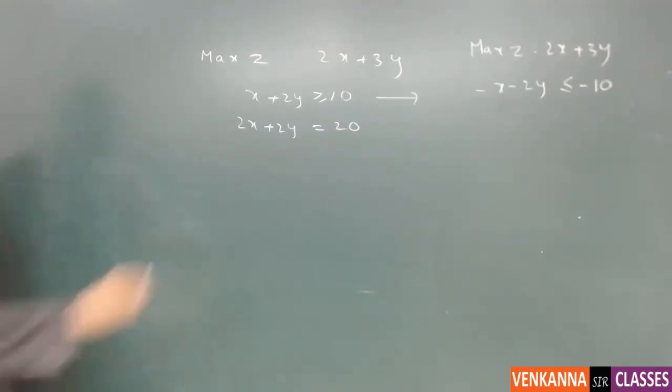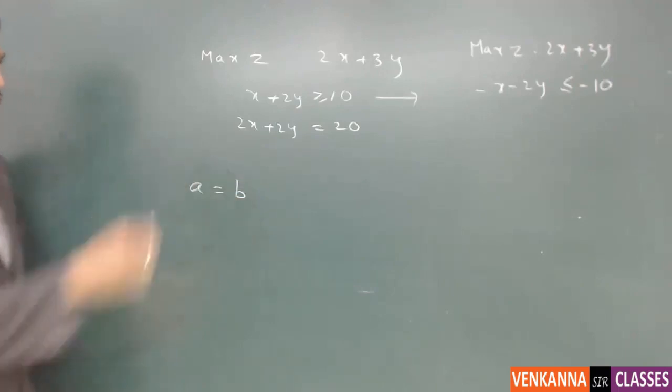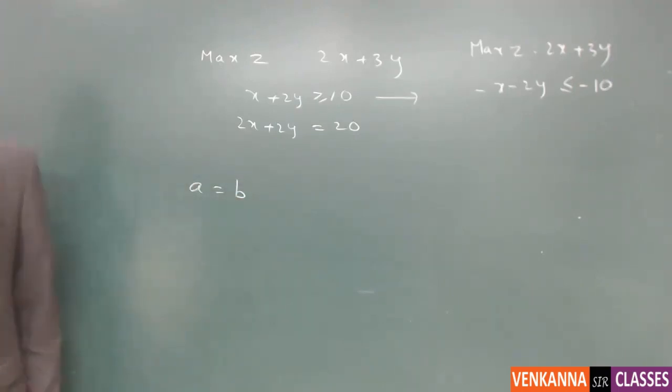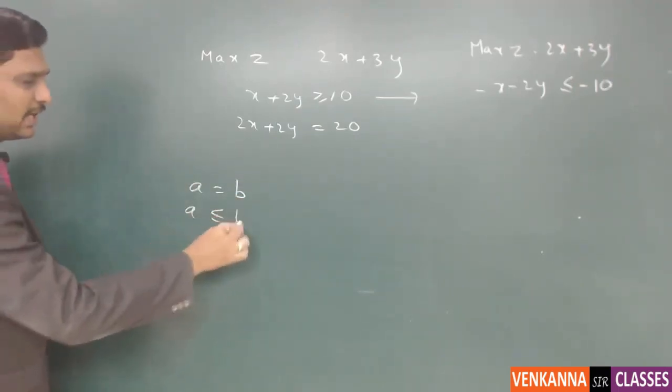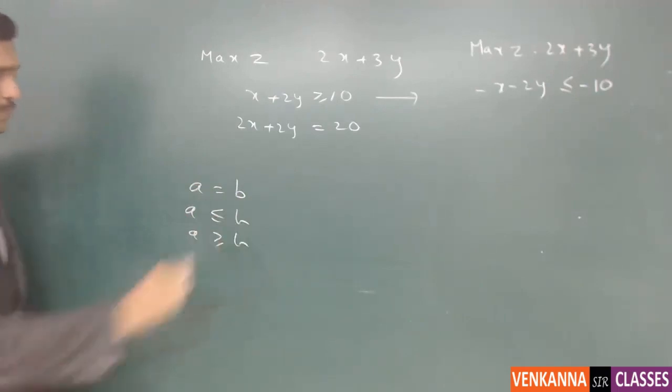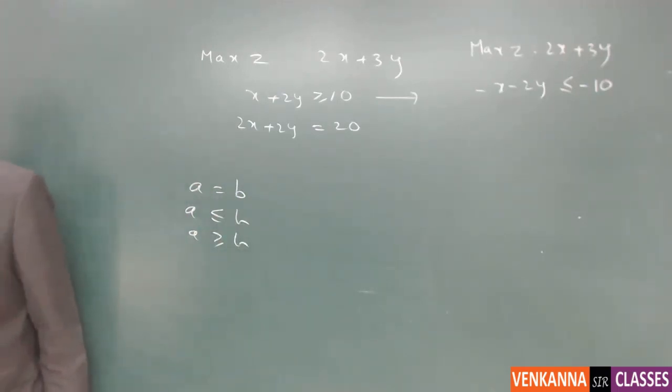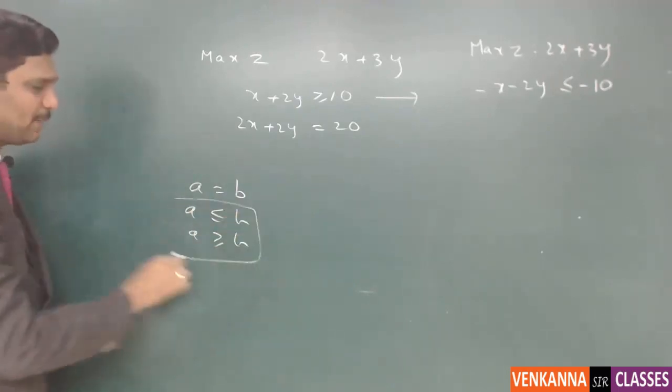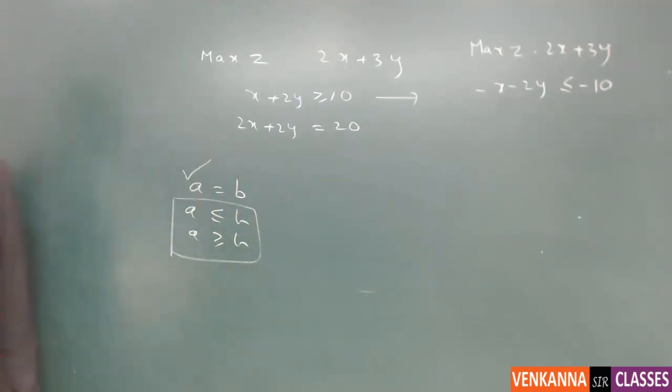Now if I say a is equal to b, it means that a is less than or equal to b and a is greater than or equal to b. Accepted? If this situation happens, then only a is equal to b. Yes or no?